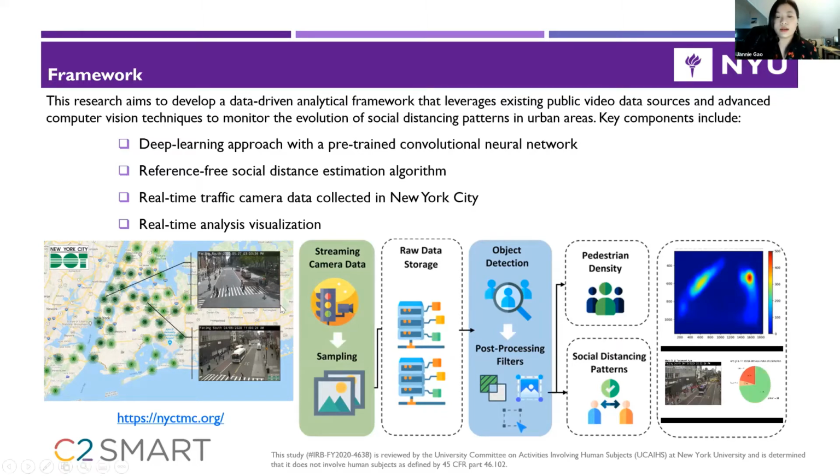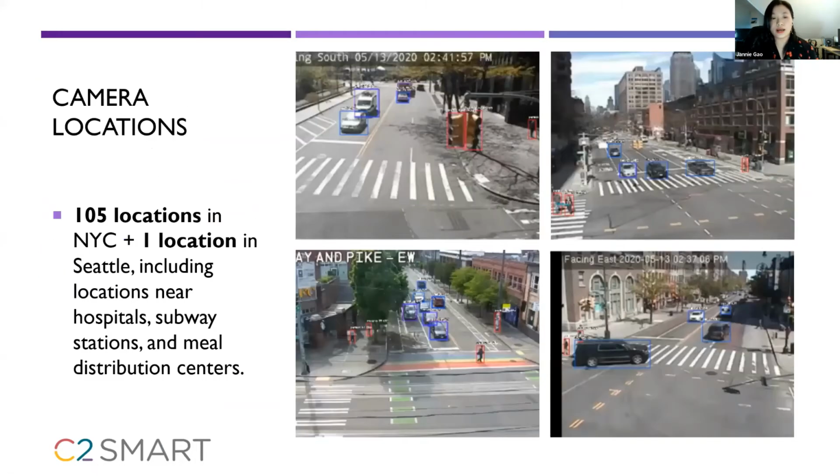But I want to say that if you look at the picture on the bottom left, these are the locations of the traffic cameras. We have more than 700 traffic cameras in New York City, and they're open to the public. What we do is select 105 locations, because not all the cameras are facing a roadway or an intersection.